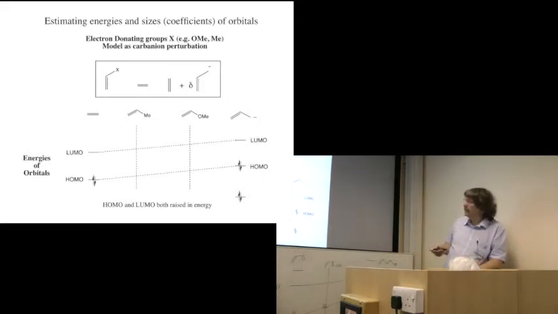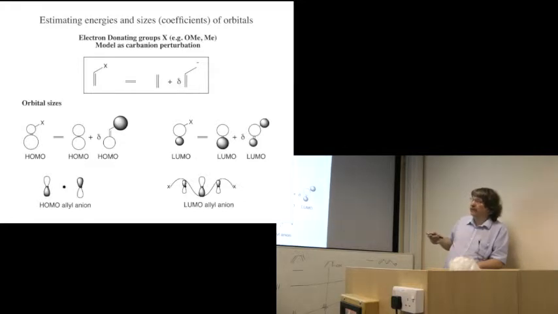In terms of the predictions of the orbital sizes, then the HOMO, which to be honest is what you're going to be bothered about, is going to be the HOMO of ethylene plus the HOMO of the allyl anion. The HOMO of the allyl anion is, again, the second orbital up, single node, looks like that. So it predicts that the larger lobe is on this position.